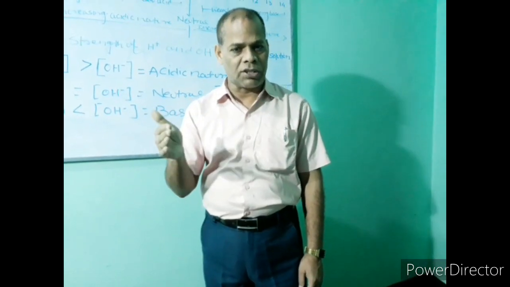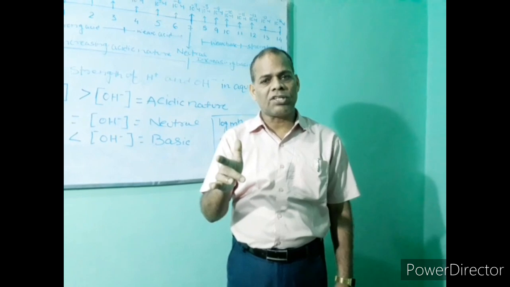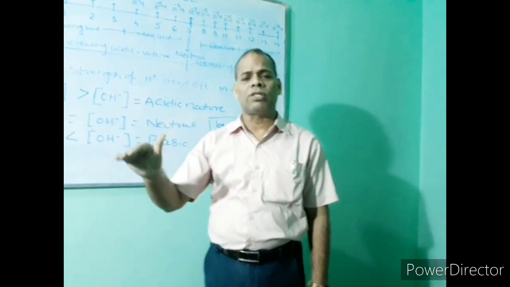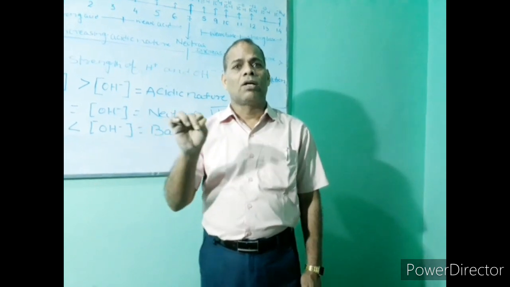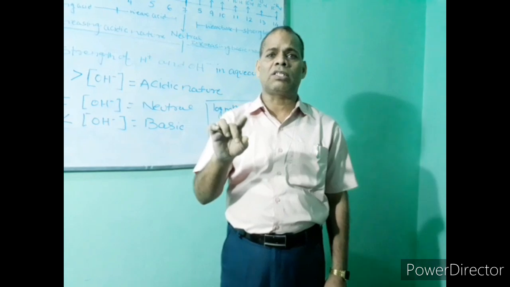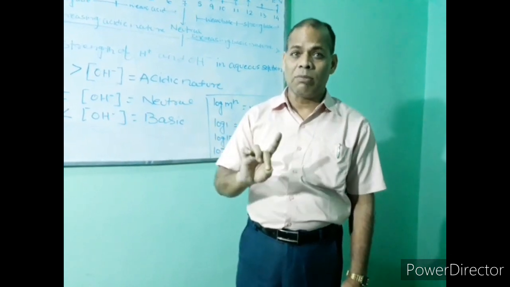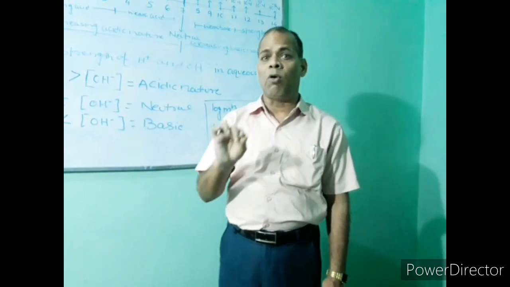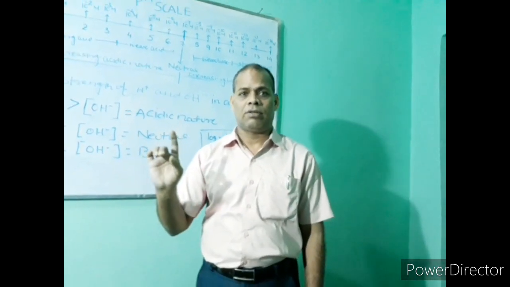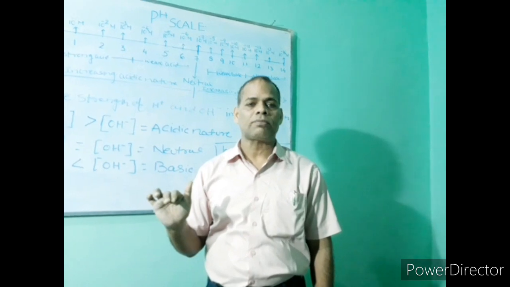What is concentration? The amount of solute present in a given solvent or solution. So one of the units to measure the concentration of a solution is molarity: the number of moles of solute dissolved in 1 liter of the solution.